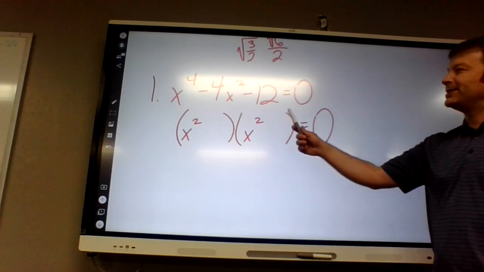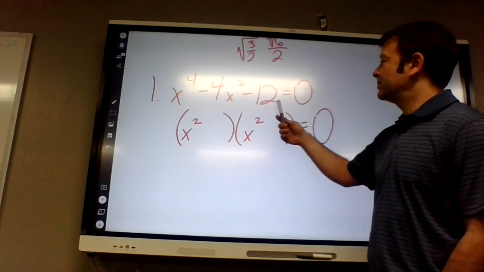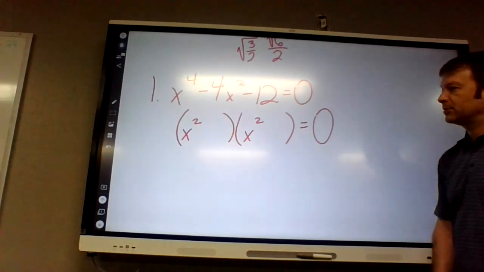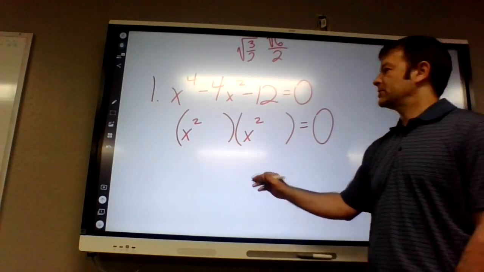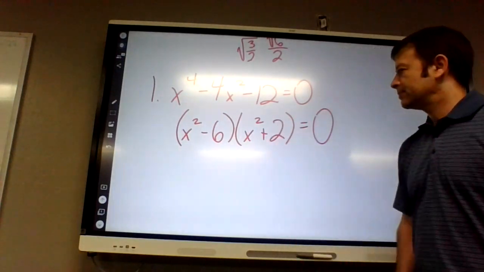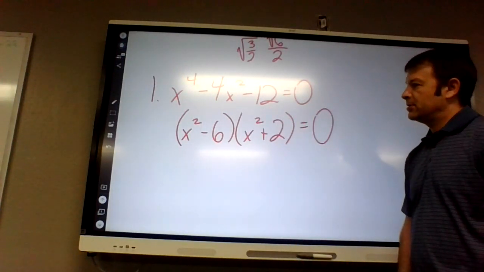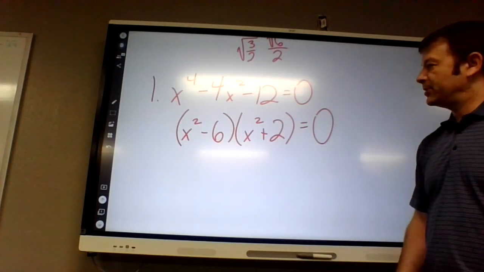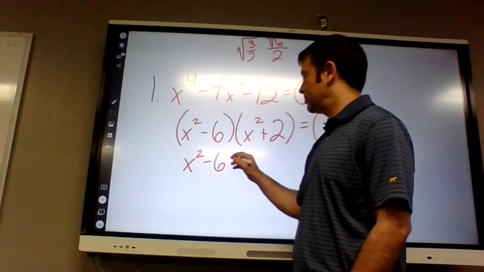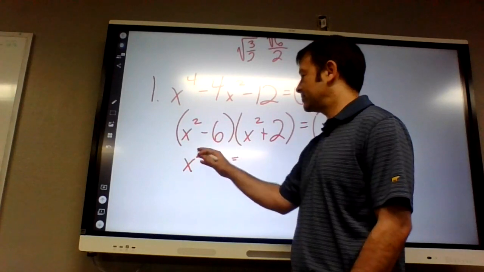What multiplies into negative 12 that adds up to negative 4? Negative 6 times positive 2. Okay, so I need to solve both of these to make the factor 0.